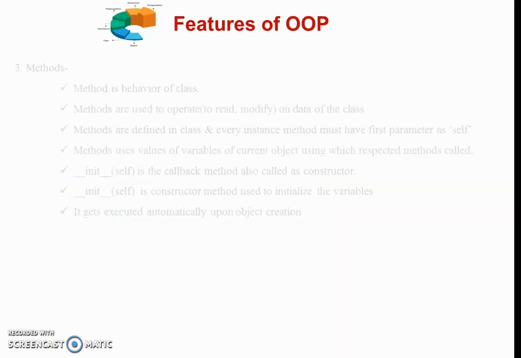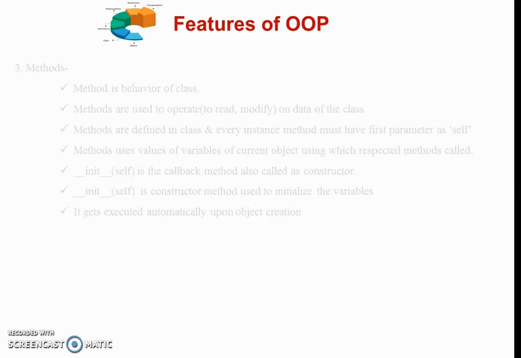Now moving further, we have to see the next feature of a class, which is known as methods. Class methods are exactly the same as ordinary functions that we have been defining so far, with just one small difference. Class methods must have the first argument named self.